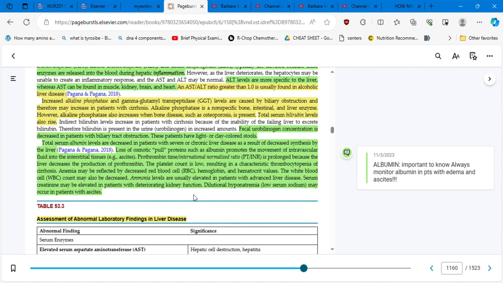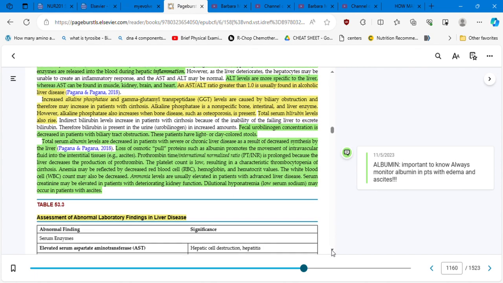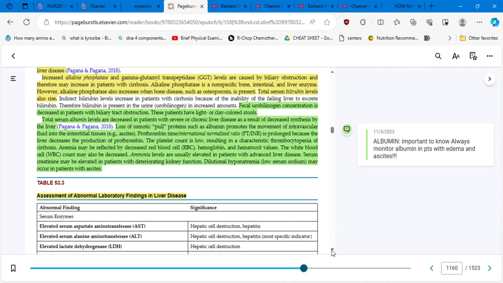The white blood cells also may be decreased. Ammonia levels are usually elevated in patients with advanced liver disease. Serum creatinine may be elevated in patients with deteriorating kidney function. Dilutional hyponatremia is because the sodium is low, right?